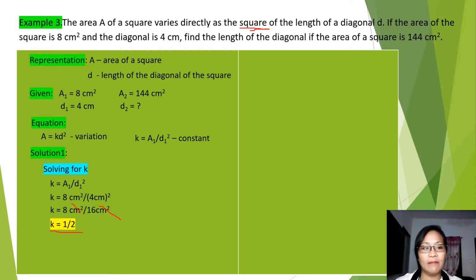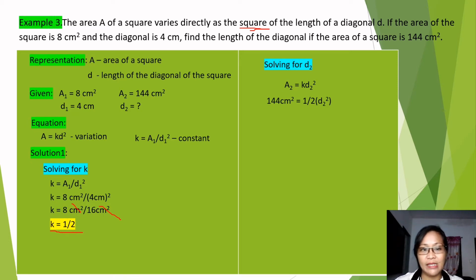Solving for D sub 2, so we have now A sub 2 is equal to KD sub 2 squared. Then substitute the given. We have 144 centimeters squared is equal to, our K is 1/2, and then D sub 2 squared.